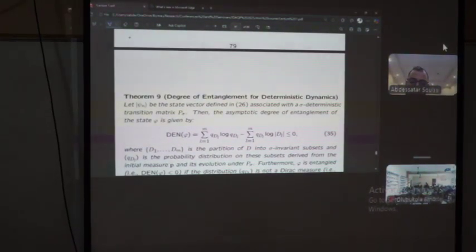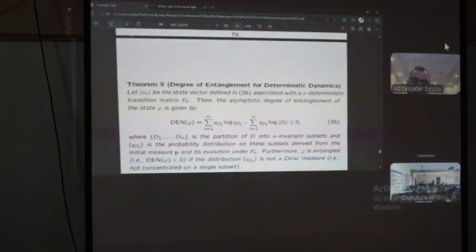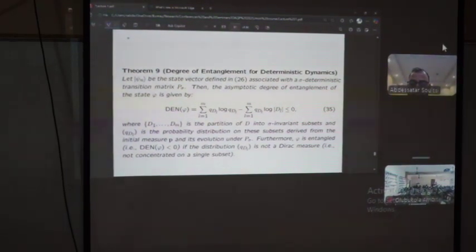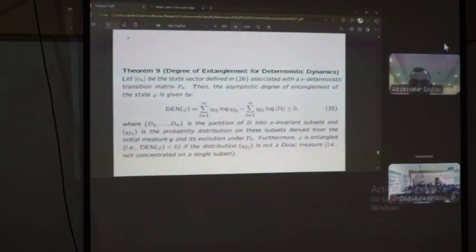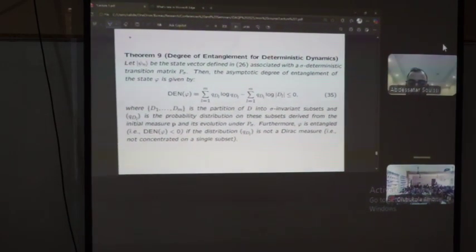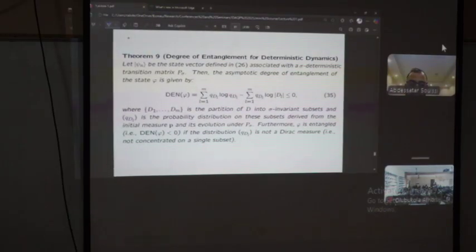So computing this degree of continuum, it turns out that it's strictly negative. Therefore, here for the case, it's negative.